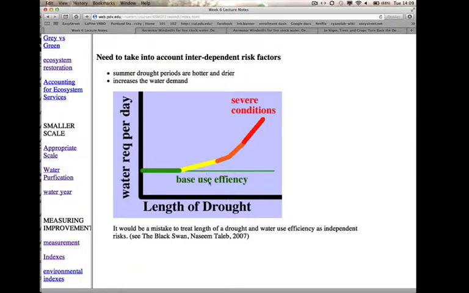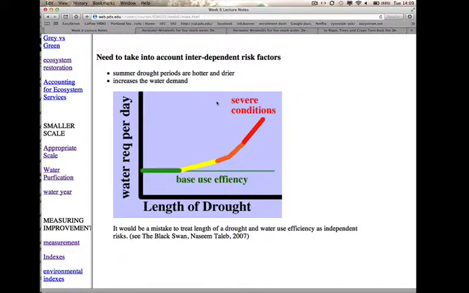The longer drought is probably hotter and drier, and it's going to require more water use per plant. So the amount of water you're going to need to store goes up rapidly as you try to account for the probability of a longer drought.